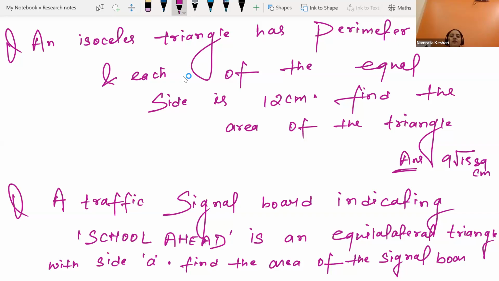If it's an isosceles triangle, of course, two sides will be the same. Each of the equal sides is given as 12. So basically, it looks like one side is given, but we have two sides, 12, 12. The third side we can still find by using the perimeter formula. And then you can find the area again. Bharti, you must be getting it, right?